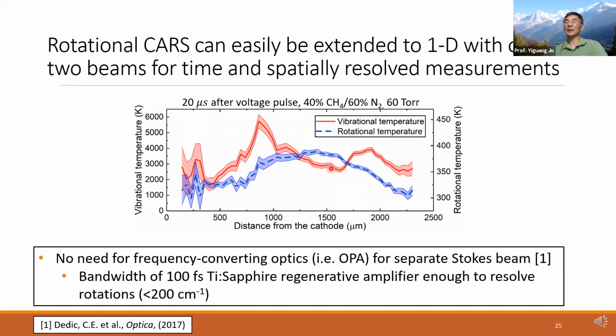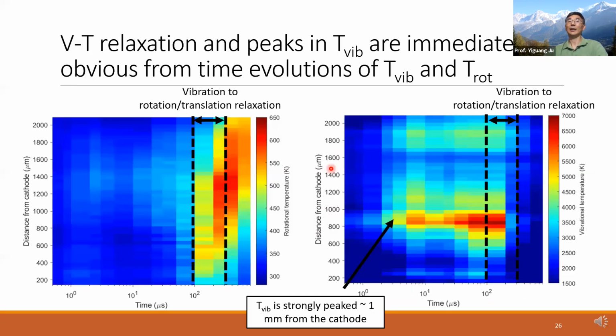This measurement gives you the time sequence with distance. You can see the vibrational energy is populated about 1,000 microns, 1 millimeter, at the peak, and the peak moves away from the electrode.